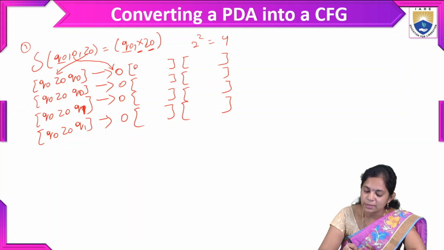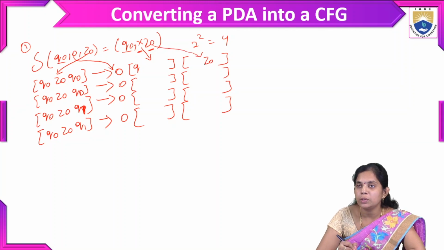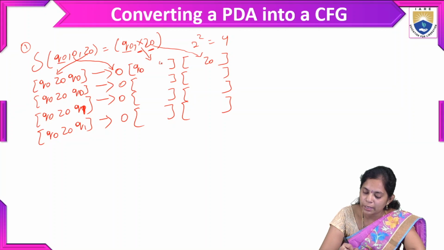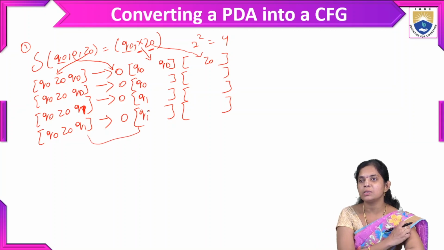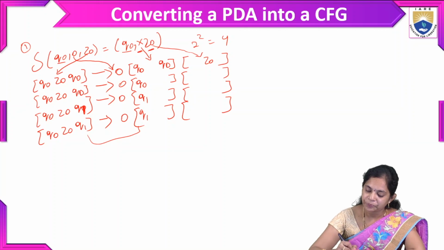The first step is this X value. There are 2 inputs, so we will write the 2 top of the stack symbols in between. And here Q naught and Q1, Q naught, and this is the Q naught and Q1. These 2 things are the same, and these are all the combinations of states.